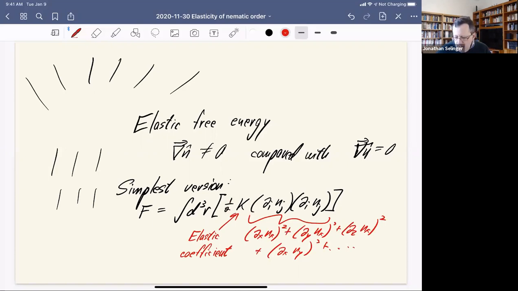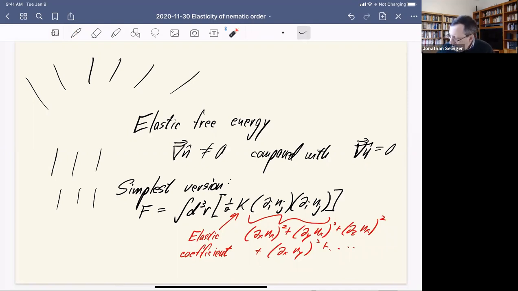And so if you have some certain derivatives, so if the director is rotating by so many degrees per centimeter, then you get a set of derivatives over here. And this says that all these derivatives, you square them and add them up, and that gives you the elastic free energy.